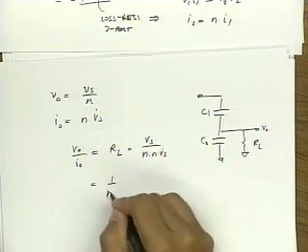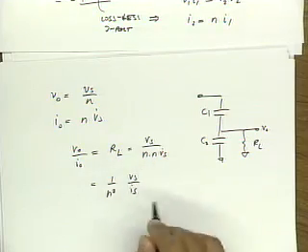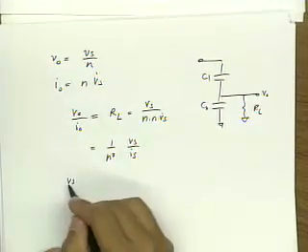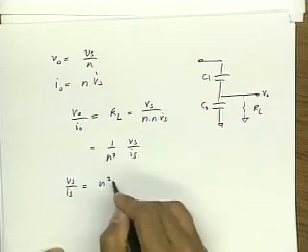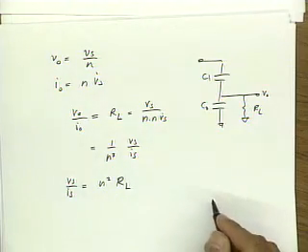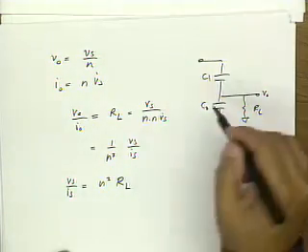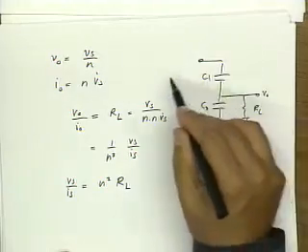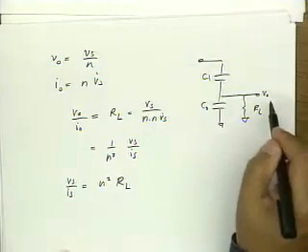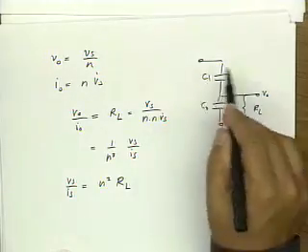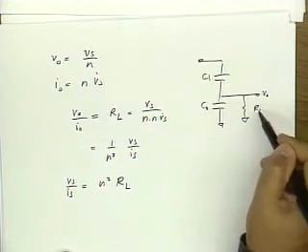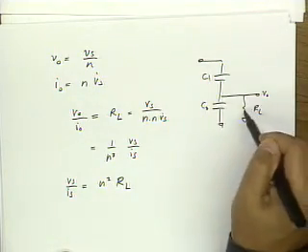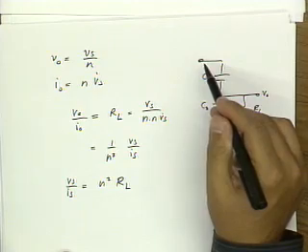In other words, it's 1 over N squared Vs over Is. So Vs over Is is N squared times RL. So neglecting, basically just looking at the real part of the current that flows, we see that this voltage divider boosts this resistance up by a factor of N squared.